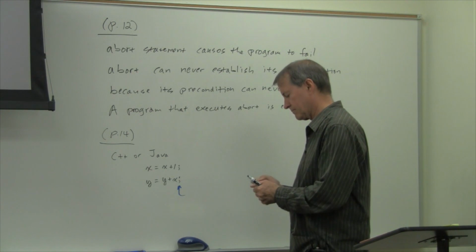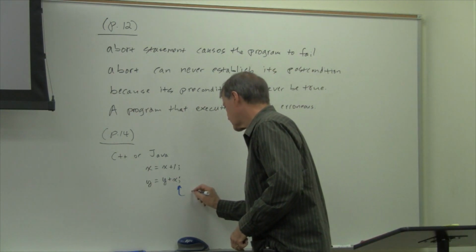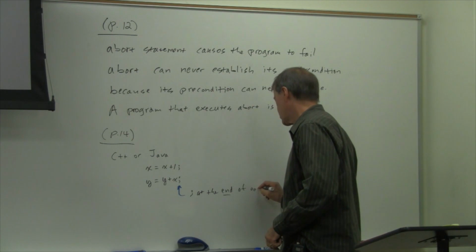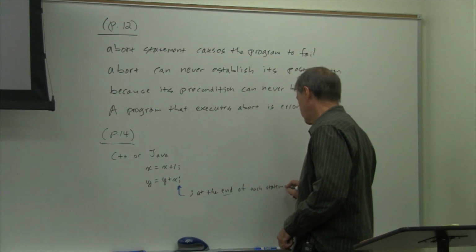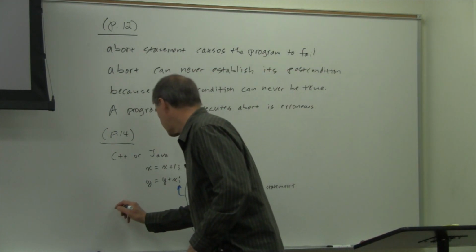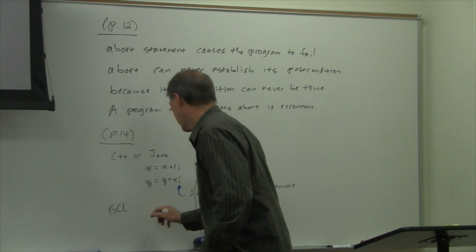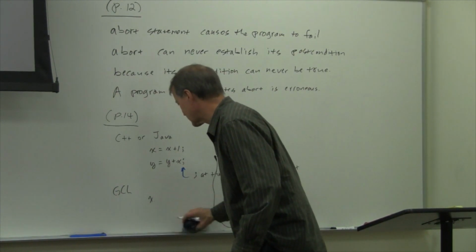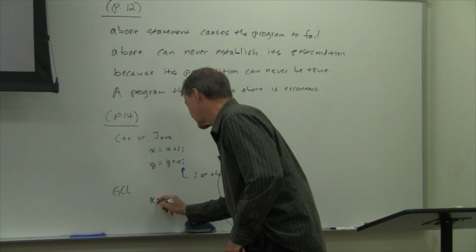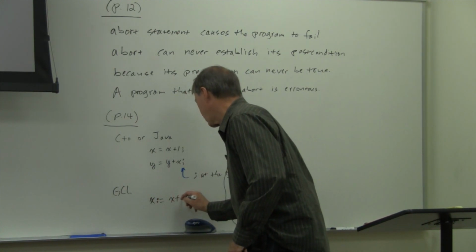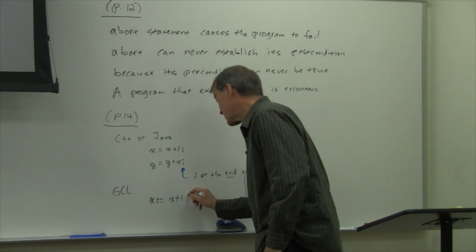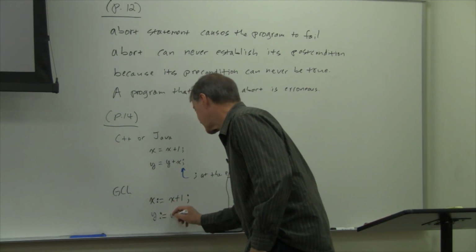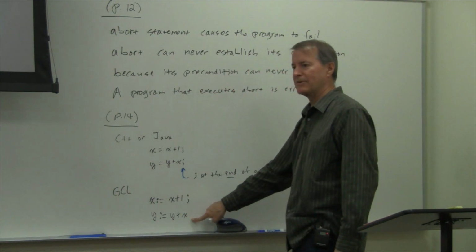On the other hand, if you do GCL, the way you would do this is you would do x gets x plus 1, and now semicolon, right, and y gets y plus x, but no semicolon here.